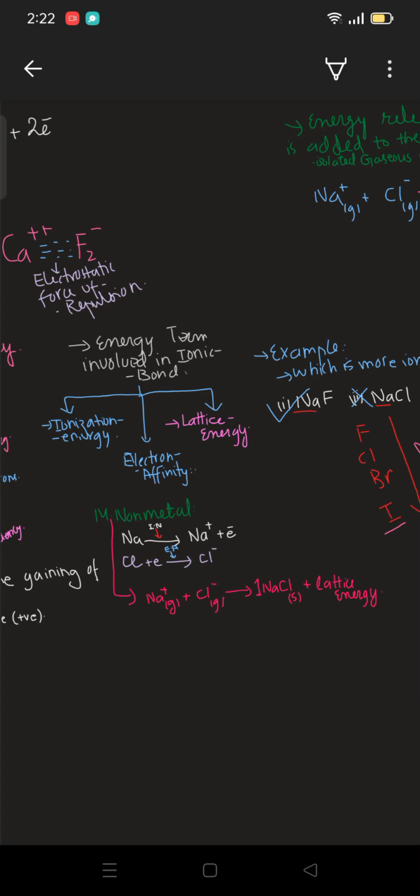Heat of formation is a very important term in this entire chapter. Finding the heat of formation is not a very difficult process, but finding lattice energy is not easy at all. For that we need to understand the Born-Haber cycle first, right?